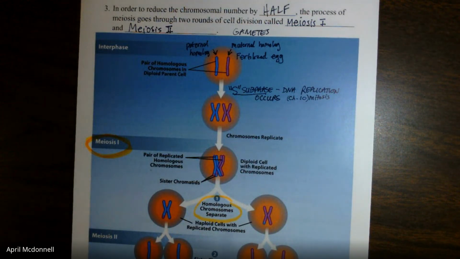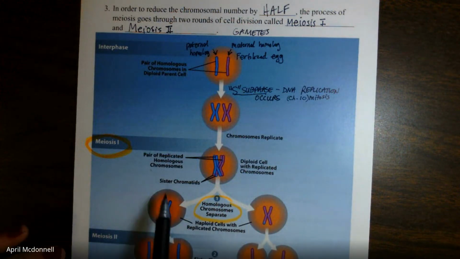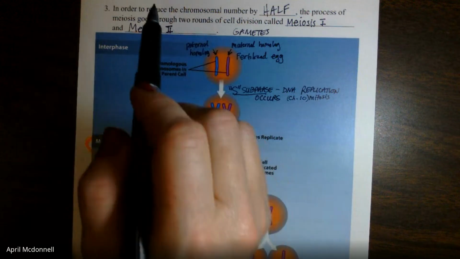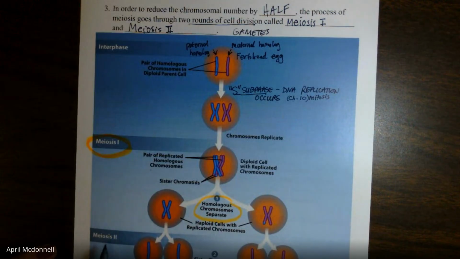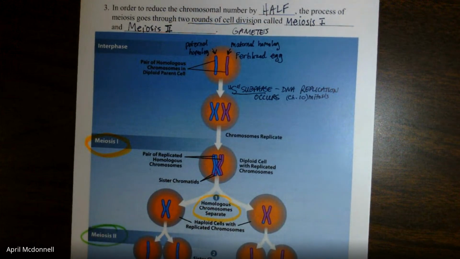So after the homologous pairs separate, the two cells that are produced at the end of meiosis 1 will go through the second round of cell division, which is called meiosis 2. And the sister chromatids will separate.